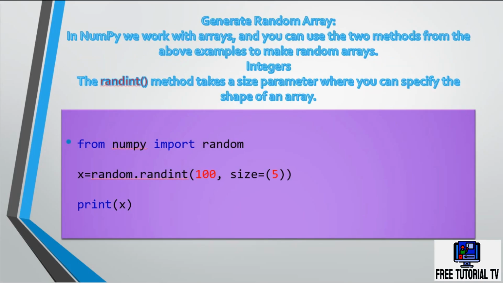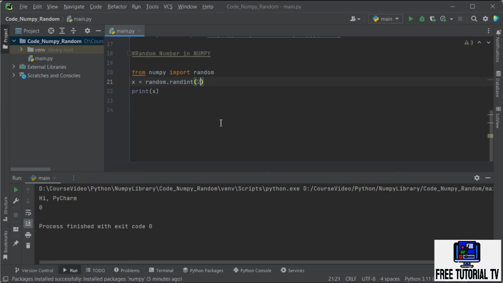Let's see what happens if I generate random integers by giving two parameters, say 100, and a size equal to 5. What happens to my array? Let's see in PyCharm: I give a limit of 100, and then I say size equal to 5.